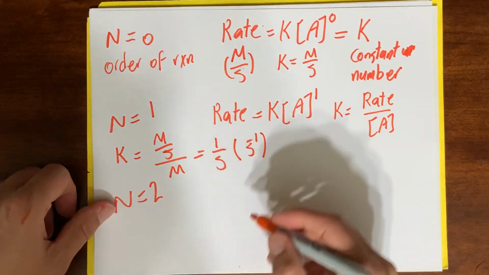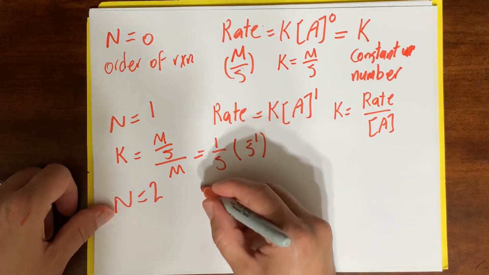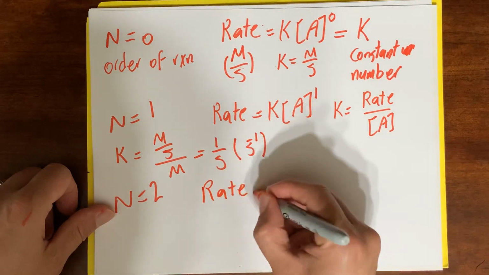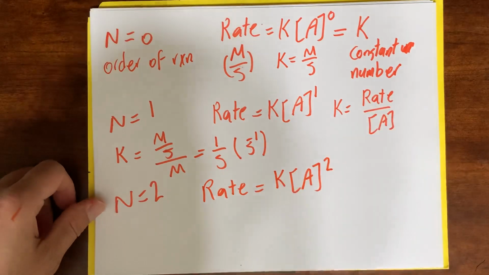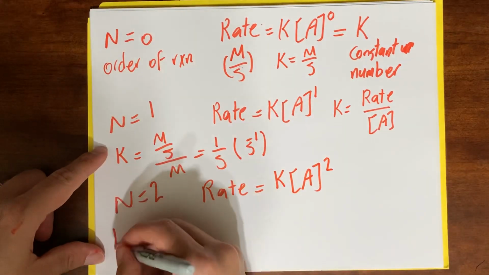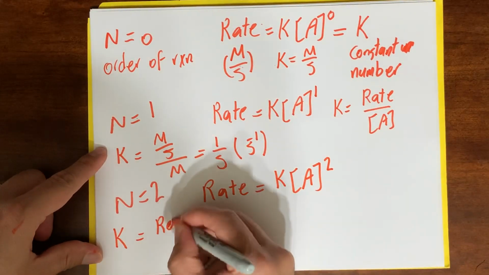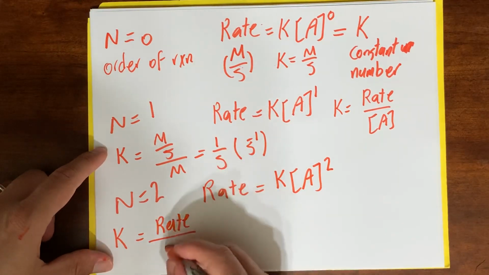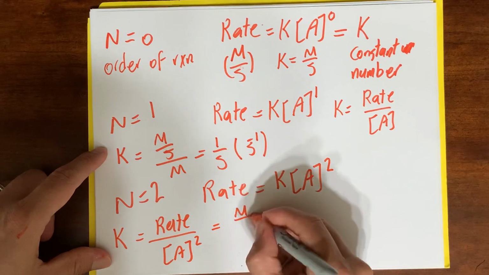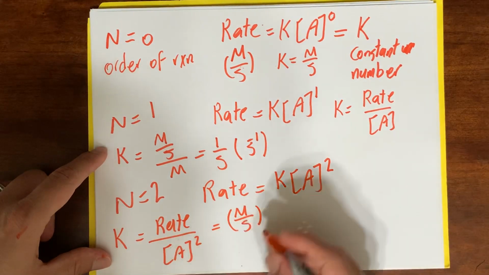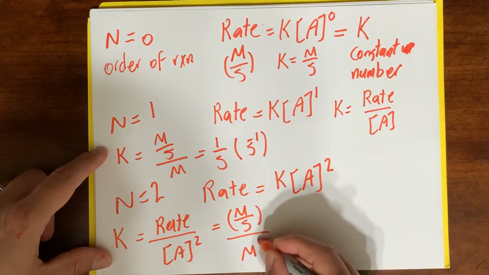And when n is 2, it's a second order, rate will be equal to k multiply A squared. So k is going to be rate over A squared. You go molar over second for rate, divide by M squared.